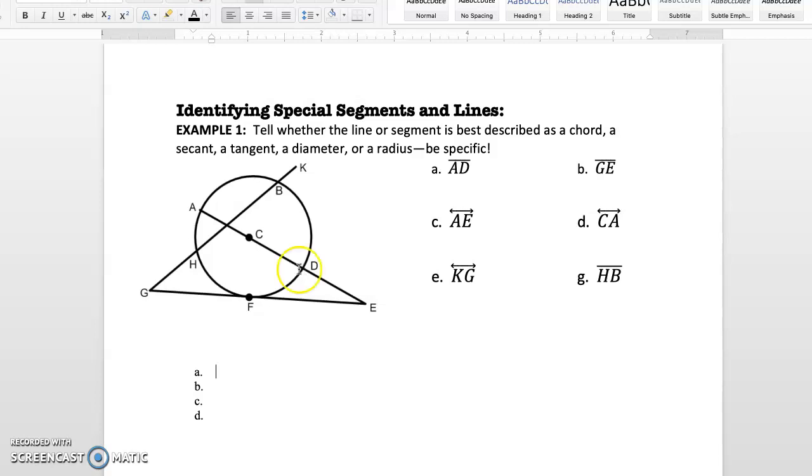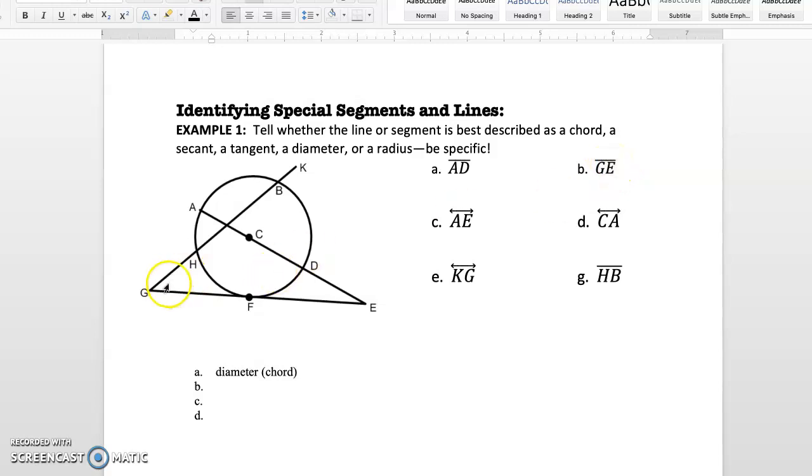For this, I can put diameter, and since it says to be specific, I wouldn't mind you putting in parentheses that it's a chord as well, but the most specific name is diameter, and that's what I'm going to be looking for.